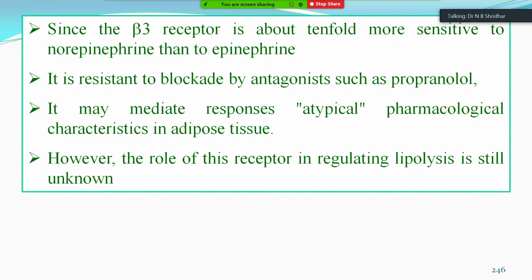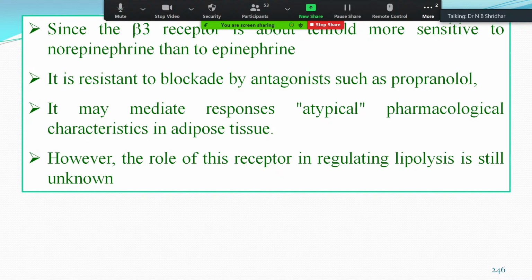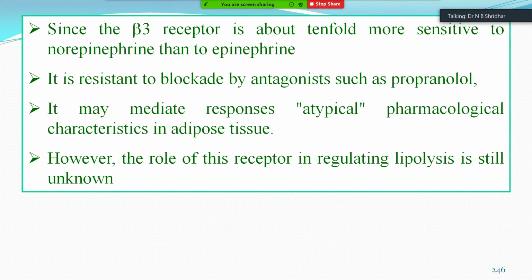It may mediate atypical pharmacological responses in adipose tissues. Especially the beta 3 receptors are very much involved in the lipolysis process, especially in the fight and flight reflex, or if the human being or the animal is starving, then this receptor is pharmacologically active.